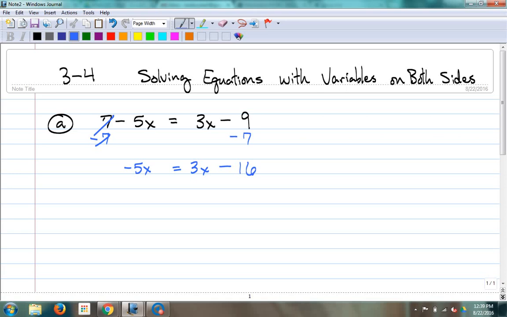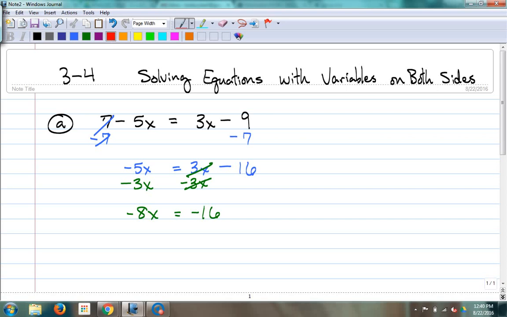Now we need to get the x's over here with the negative 5x. So how do I move this 3x? I'm going to subtract 3x. We'll have negative 16 on that side. And then negative 5 minus 3 gives negative 8x on the left-hand side.